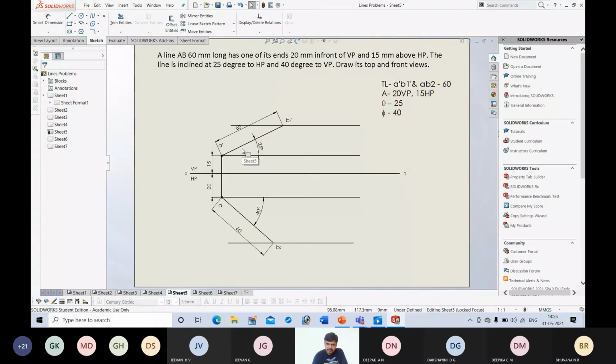Then, depending on this data, that is true length is 60 and true inclination, I draw this line and this. Then I got B1 dash and B2. So these are the other endpoints of the true length lines.